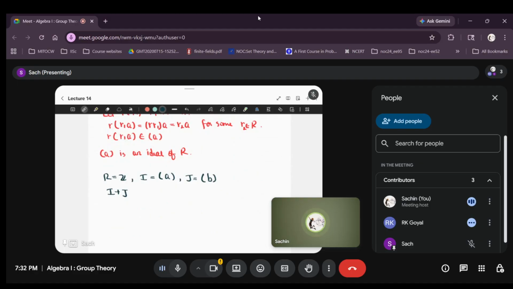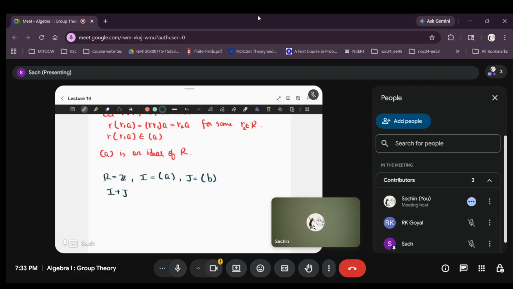We had this division GCD theorem, right? So GCD is the smallest positive integer that can be written in the form R1A plus R2B.